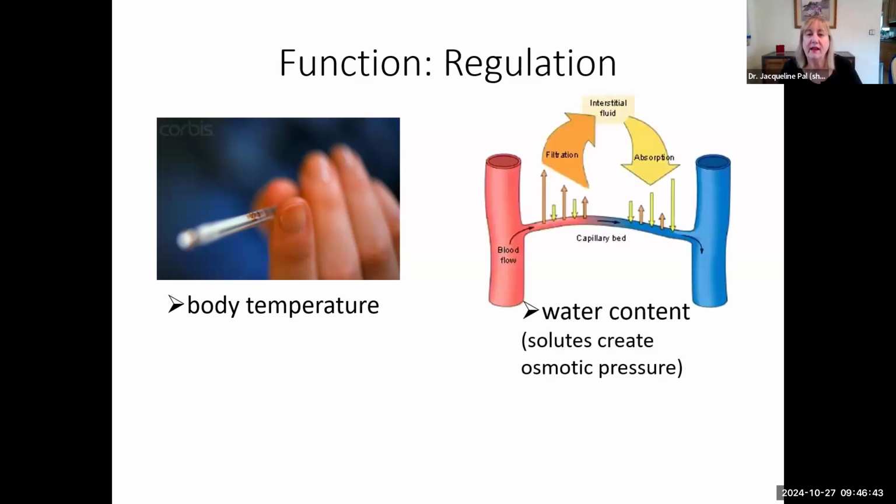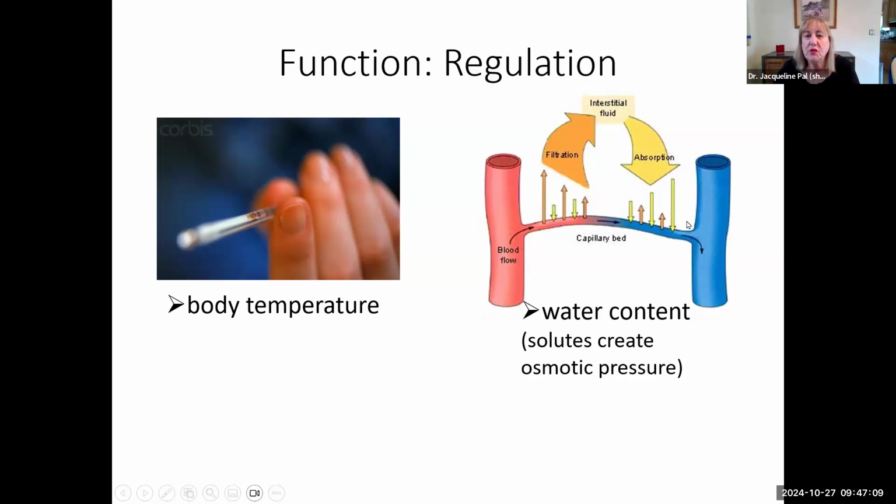Another way we regulate our body is its water content. So this is showing we have a little arteriole, which is going to a capillary bed. And in our capillary beds, we filter our blood, and most of the water in our blood actually leaves the blood into what we call the interstitium. And so we call it interstitial fluid.